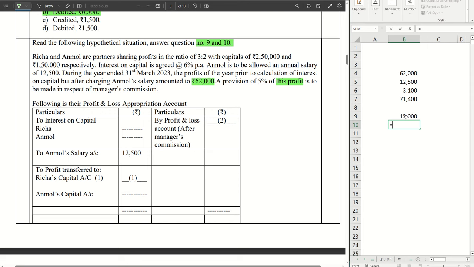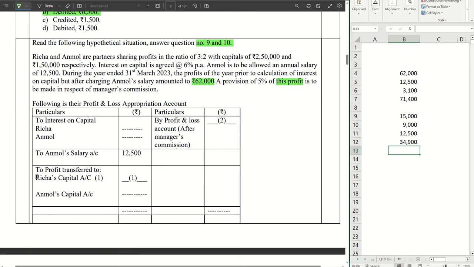Similarly, for Anmol, the interest on capital will be 1,50,000 into 6%, which is 9,000, right? And then we have Anmol's salary. The divisible profit will be 71,400 minus 15,000 minus 9,000 minus 12,500. 34,900 is the divisible profit.